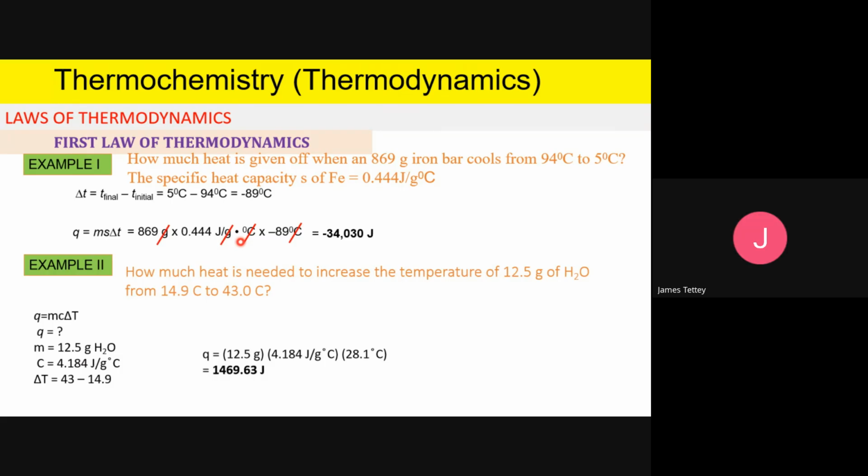Yes, sir. Does it mean that in question 2, you make use of the specific heat capacity given in example 1? We are talking about water, so we have to give you the specific heat capacity of water, which is 4.184. Every substance has its own. That's why we say specific heat, it is in reference to a specific substance.